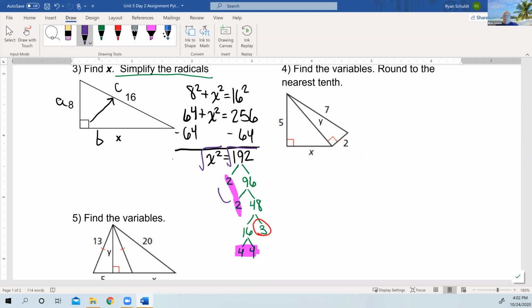So couples come out. So I'm going to have x equals 2 times 4 times the square root of 3. Well, what is 2 times 4? 8 square roots of 3.